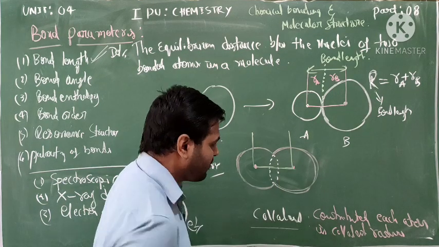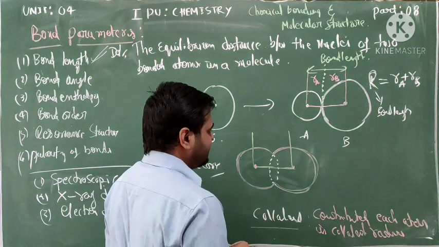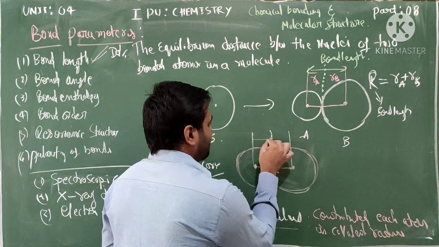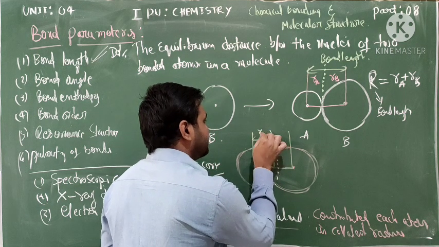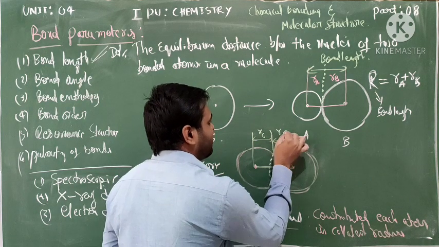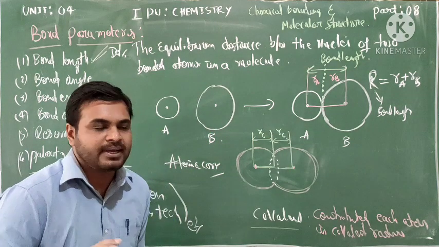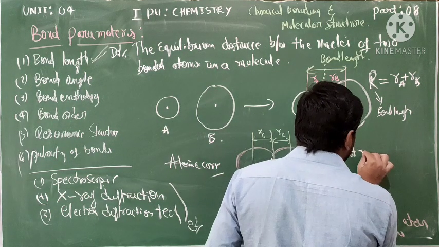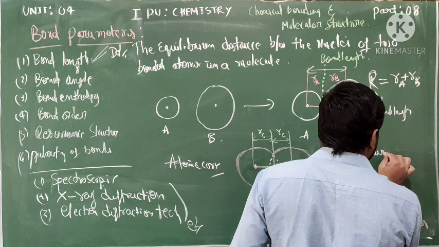But what about the covalent radius? This is the covalent radius. This is called the covalent radius. So the definition of covalent radius.